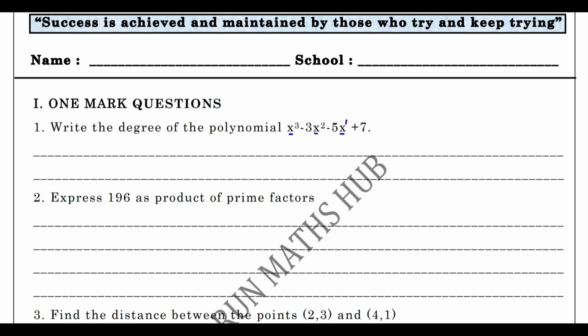What is the highest power here? The highest power of the variable x is 3. Therefore the degree of the polynomial equals 3. What is degree? The highest power of the variable is the degree of the polynomial.